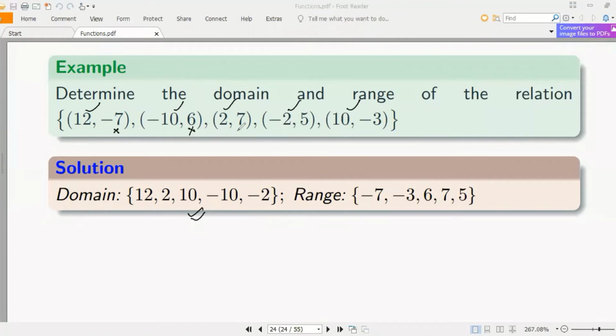In any order, you don't need to bother about that, but you can see a rearrangement. So we put it in braces because it's a set.